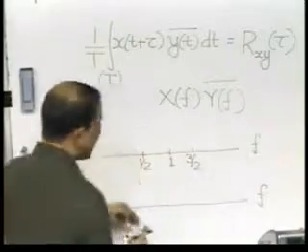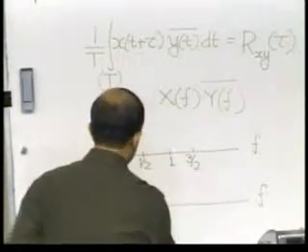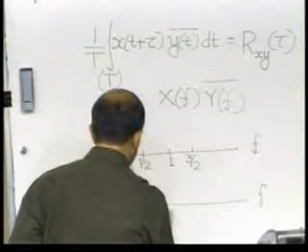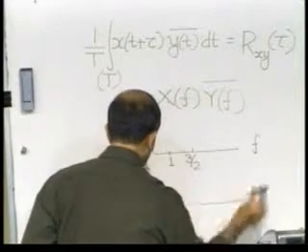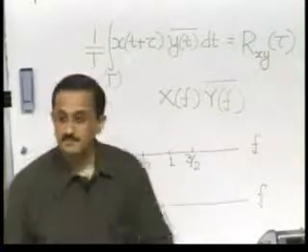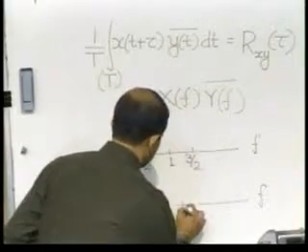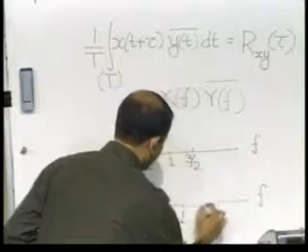And here I would have multiples of 1 by 3: 1 by 3, 2 by 3, 3 by 3, so 1, and so on.